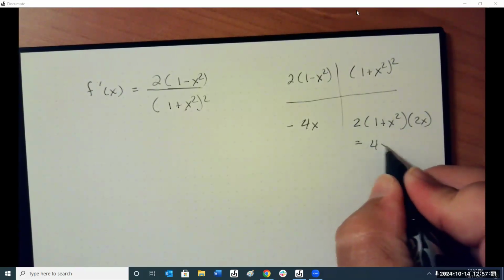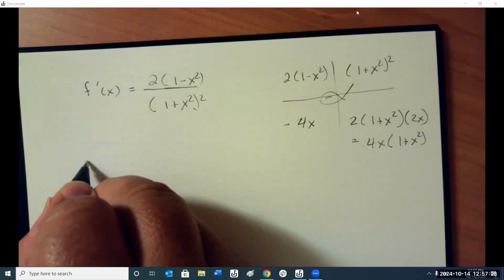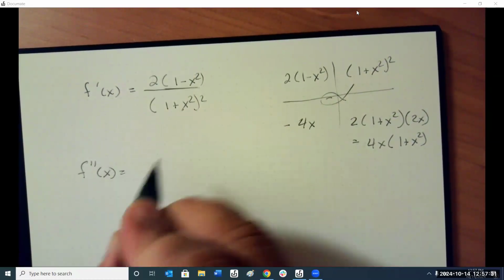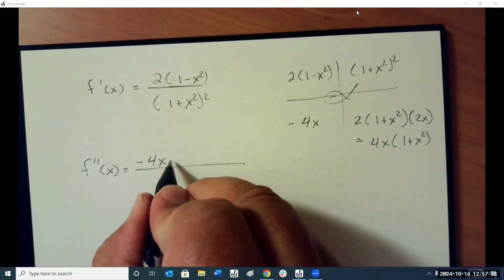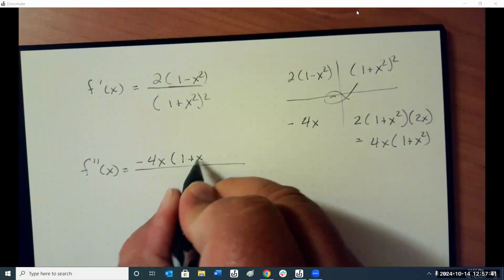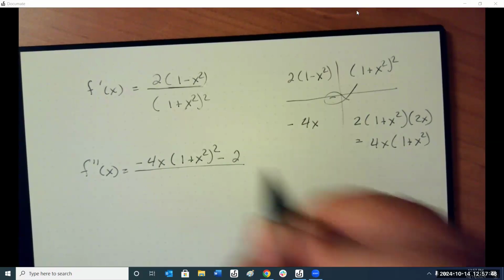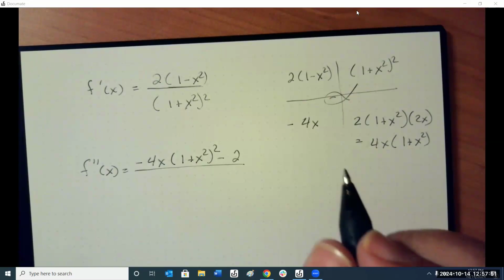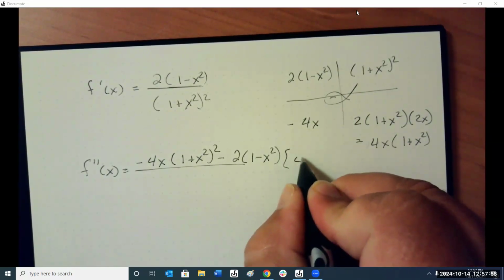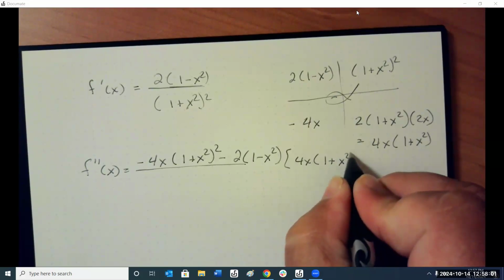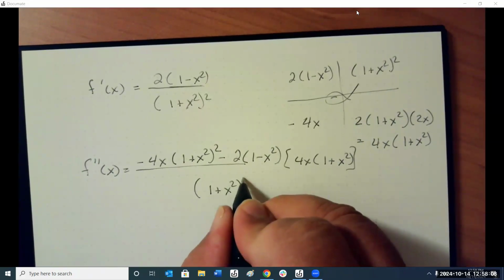So the second derivative is going to be negative 4x times 1 plus x squared squared, minus 2 times 1 minus x squared times 4x times 1 plus x squared, all over 1 plus x squared to the fourth.